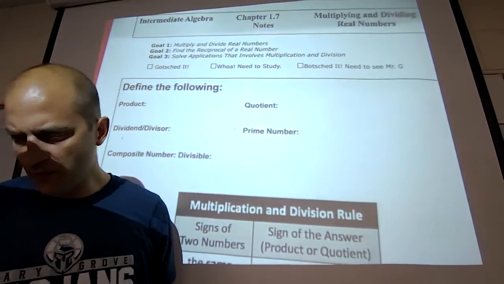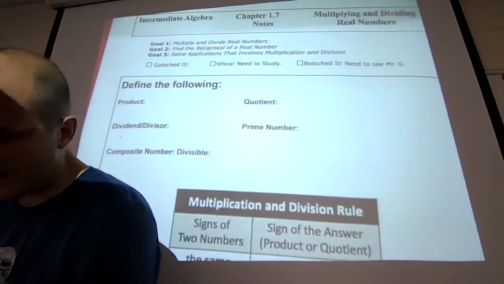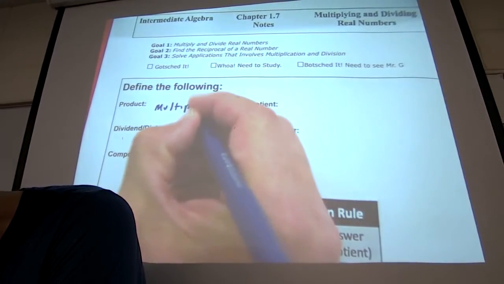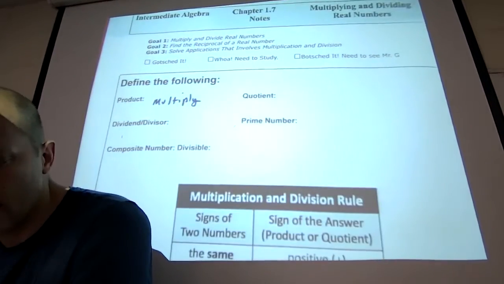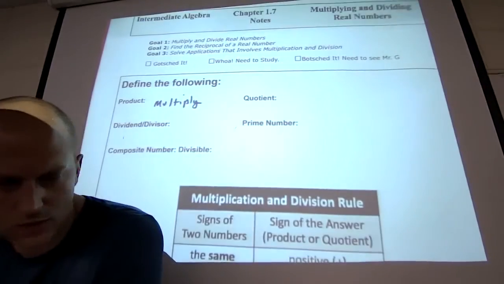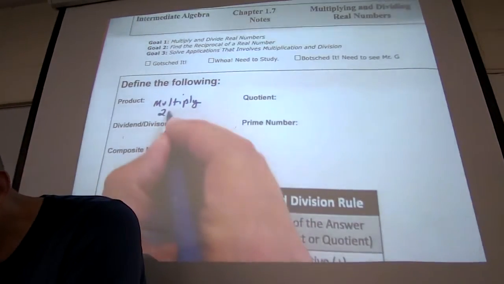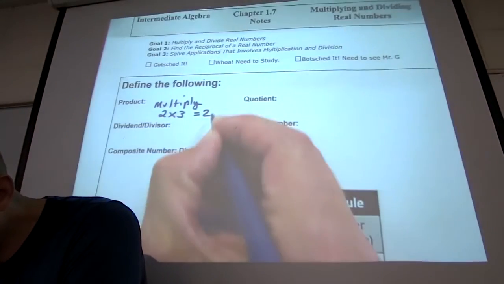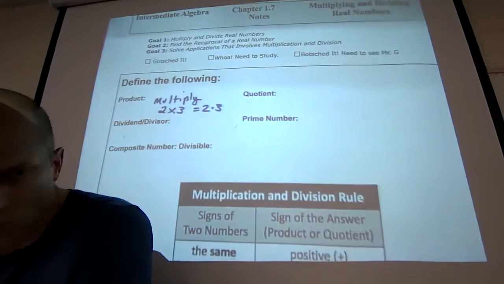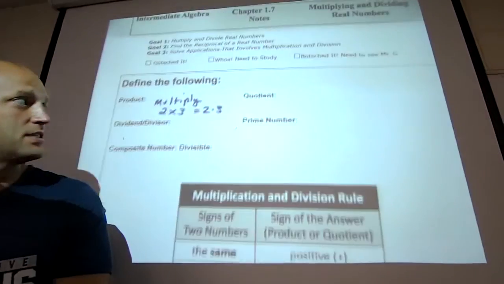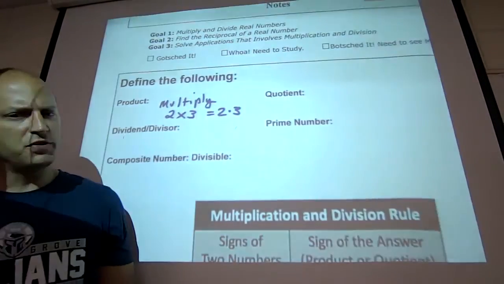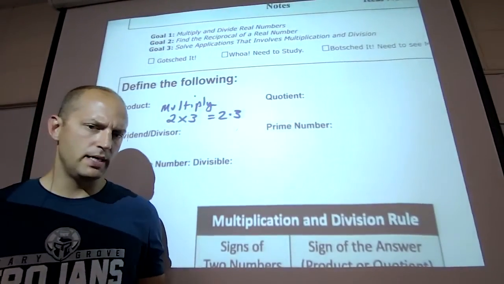First thing is product means multiply. If I have the product of two numbers, if I have the product of 2 and 3, that'd be like 2 times 3, or 2 dot 3. Or you might even see parentheses of that. If you guys see the word quotient, quotient means division.